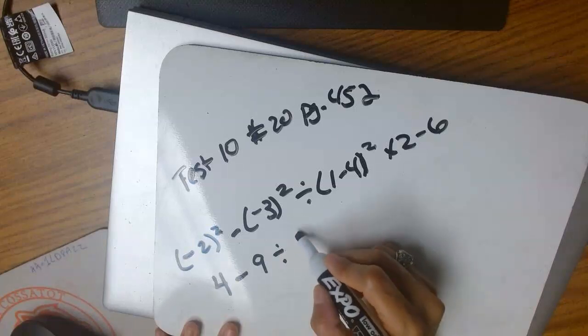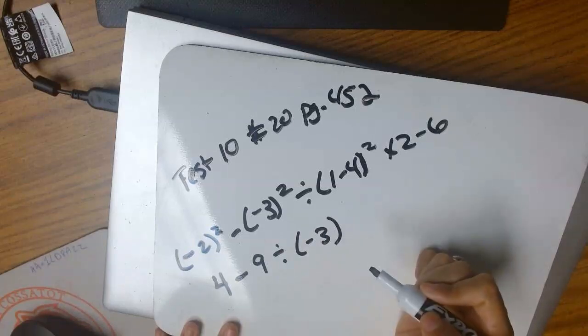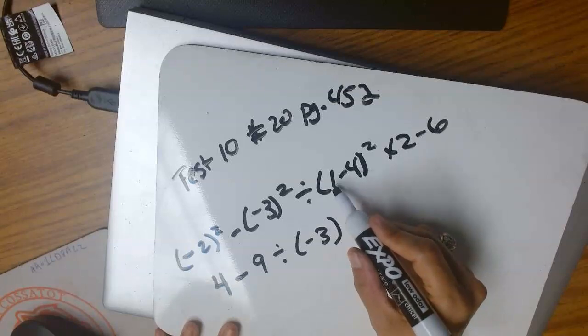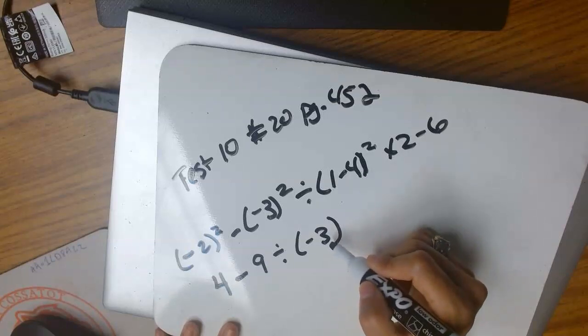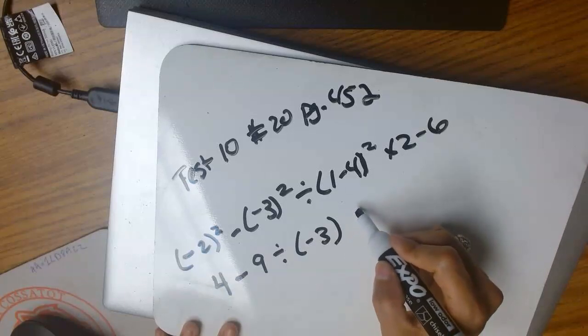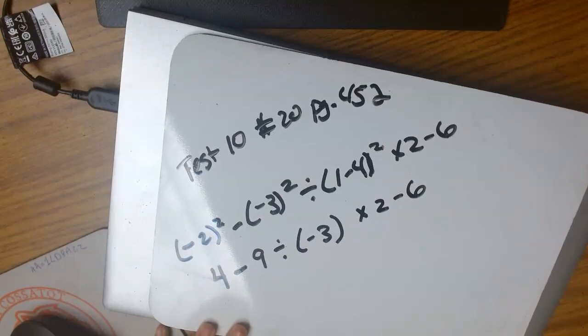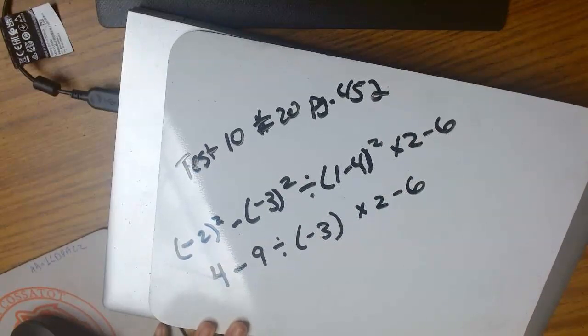That's going to be a -3, because that is a larger number than 1. And then times 2 minus 6. This is what we've got so far. Then what do we do from there? We are going to continue on, and this is what you're going to do.